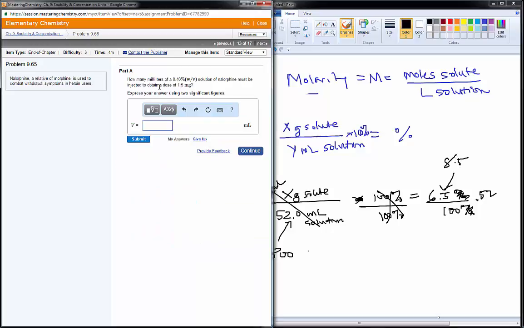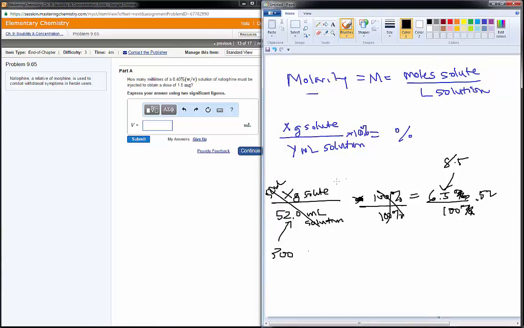All right, in this case, I'm asked to use weight percent to calculate volume instead of mass. So here I calculated mass. Now I'm going to set this up to solve for volume. And we see I've got 1.5 milligrams over y milliliters of solution, multiply that by 100% to get a 0.40% solution. Solve for y in this case.